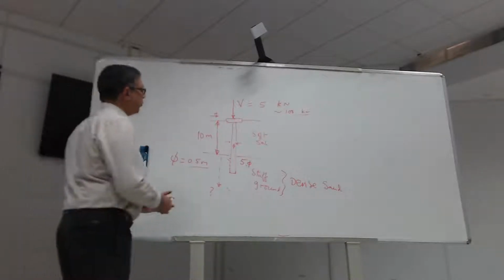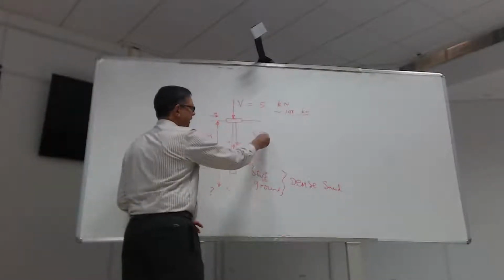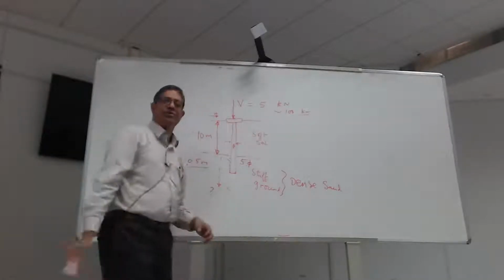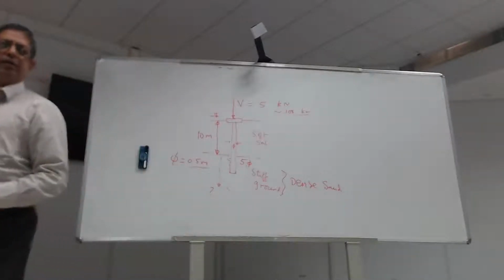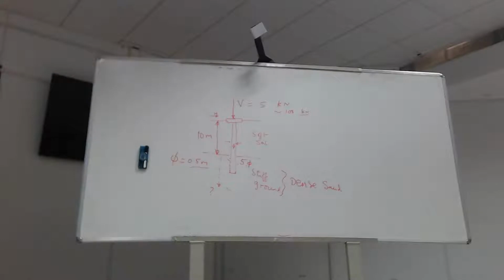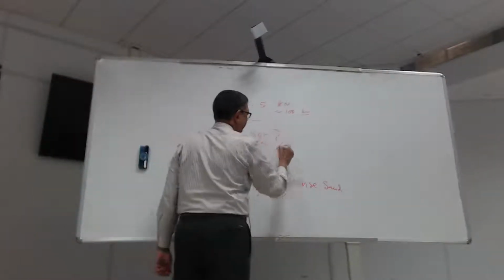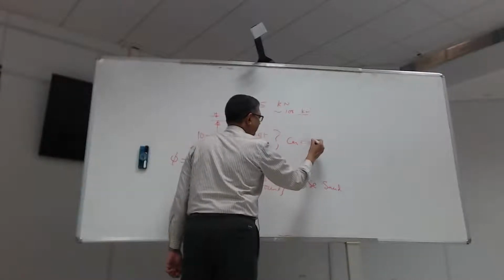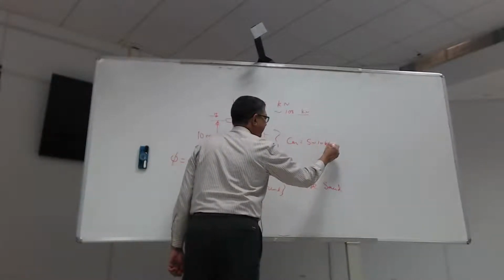Firstly, what happens if this soil is really soft? Say, like the Tejash's work I was showing you yesterday, we got clay which is of about 5 or 10 kPa undrained shear strength. So Cu of 5 to 10 kPa.